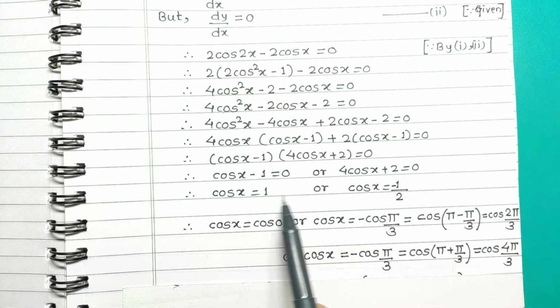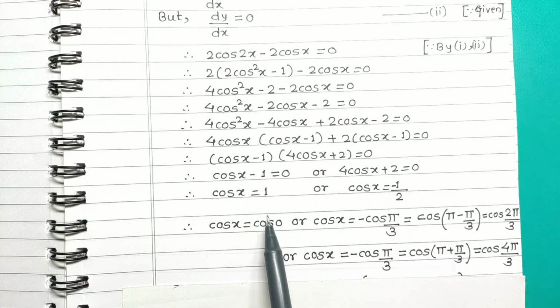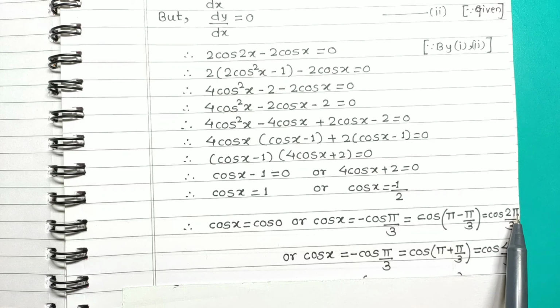From these two equations, what we have, either x is equal to 0, that means cos x is equal to cos 0, or cos x is equal to cos 2 pi by 3, or cos x is equal to cos 4 pi by 3.